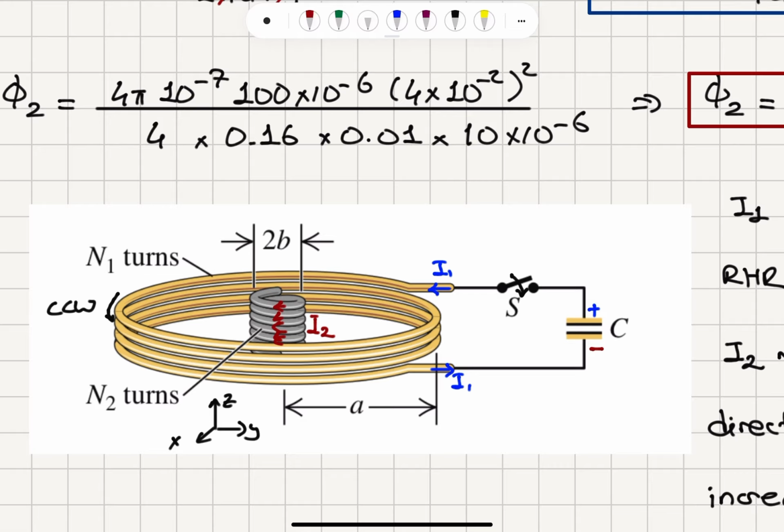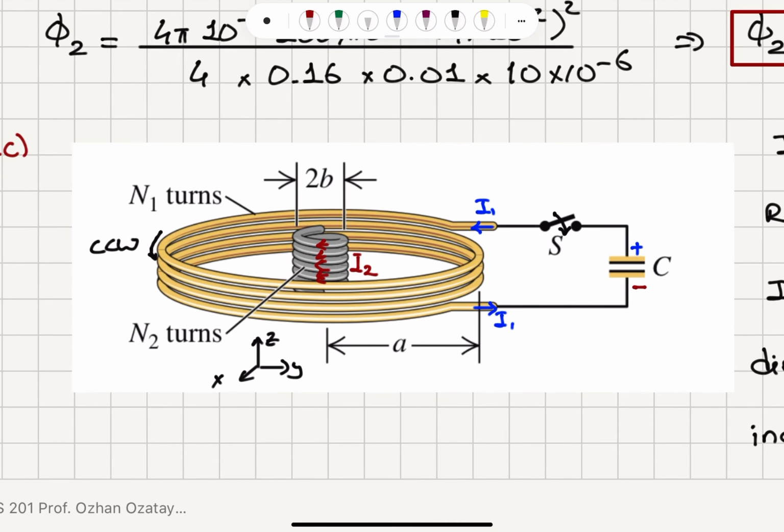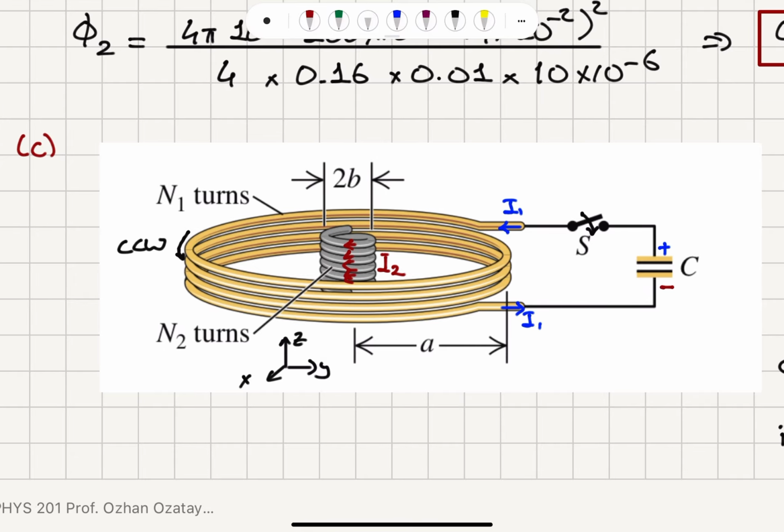Now this tells you that I2 must flow clockwise. Looking from the top, it must flow clockwise, so that my forefingers following I2, the thumb points downward in minus k hat direction. So the right hand rule tells me that I2 must flow clockwise.